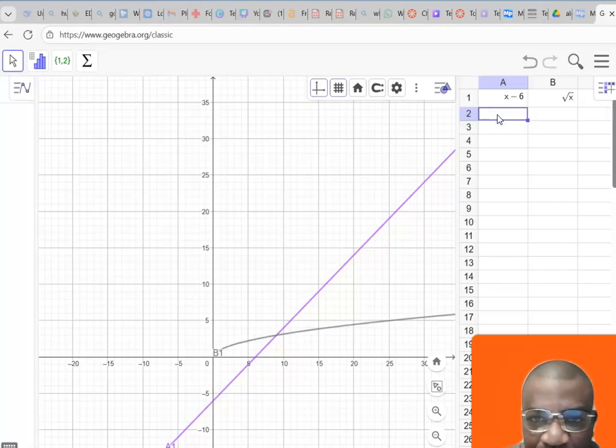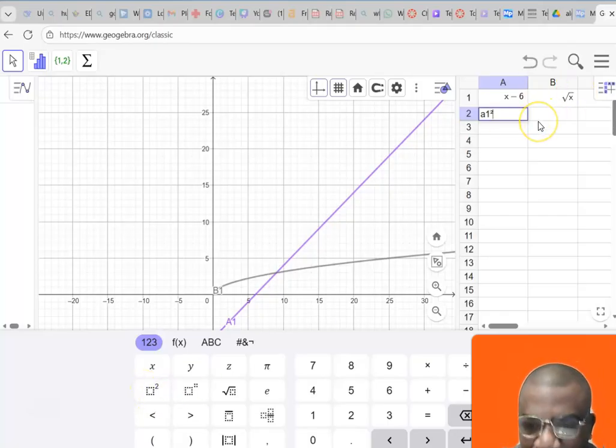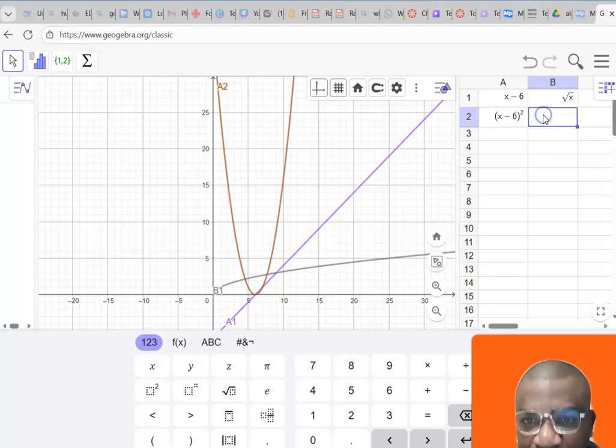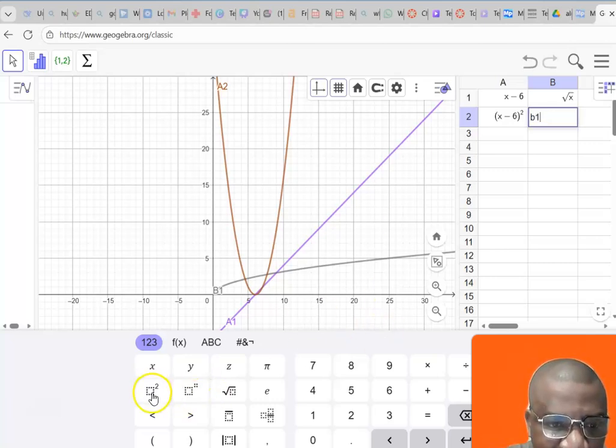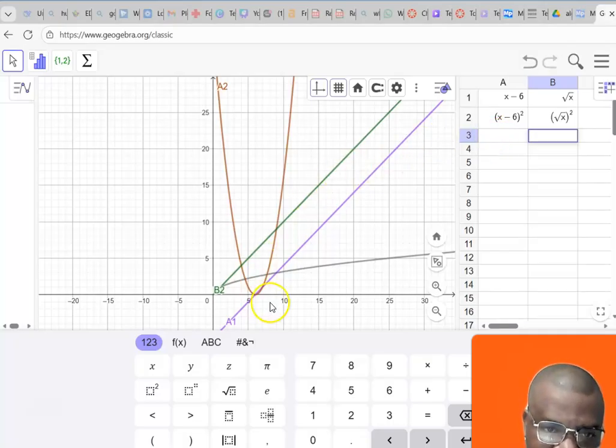To do that, we'll say A1 square, and on the right hand side, the same thing, B1 square. We use this as our square here. Click enter. You see, the moment we start solving, the graph will begin to display on this side.